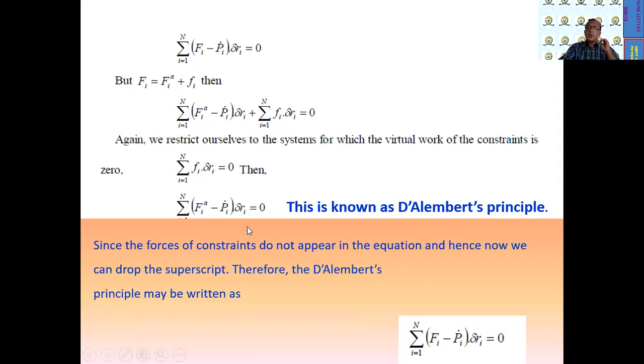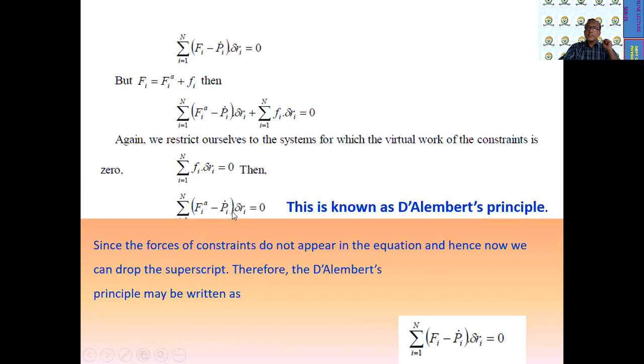But we also know that the constraints do not appear in the equation. That means the force of constraint is not working on the particle. Therefore, summation i goes from 1 to n fi delta Ri is equal to 0.